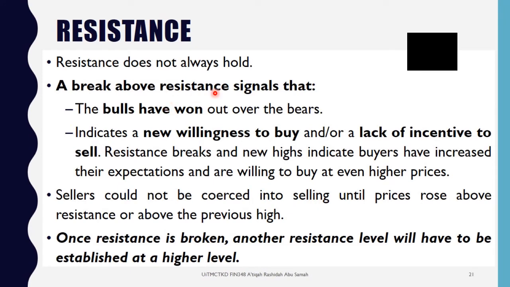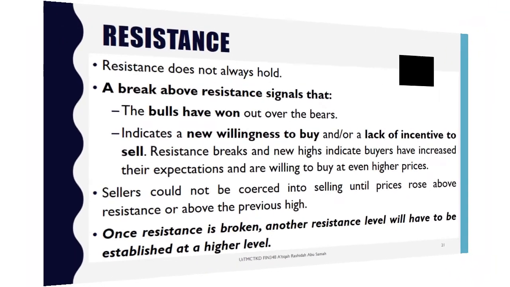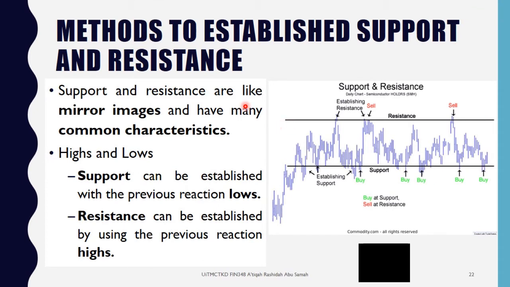A break above resistance signals that the bulls have won out over the bears. Now, methods to establish support and resistance. Some technicalists have their own way of using the tools they are interested in and comfortable with.